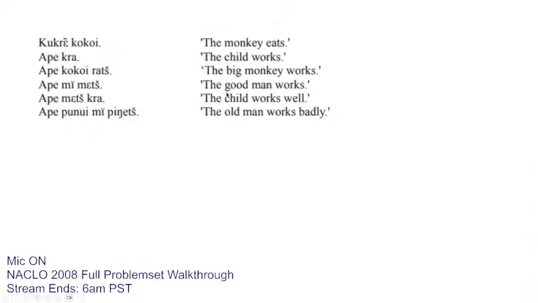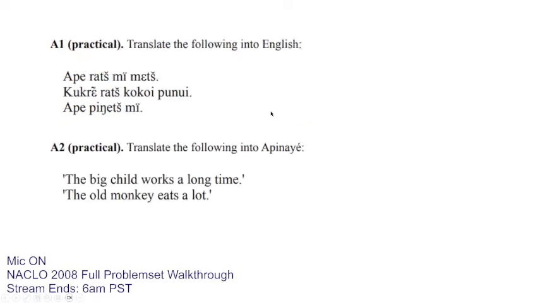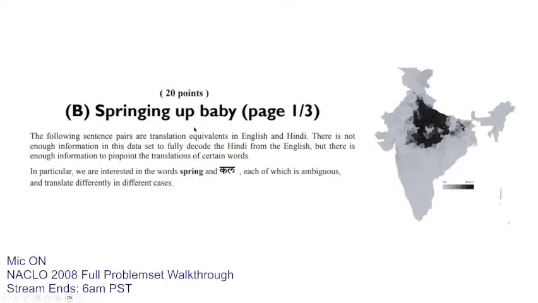But this is one of the easier problems in the NACLO test. It's definitely the easiest one to get, so if you're new to NACLO, I'd start with solving these kinds of problems.